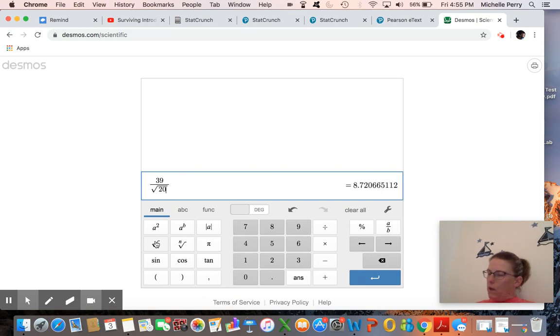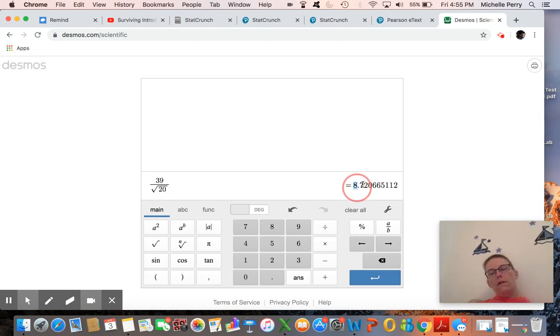And you see you get a value of 8.7206665. Just carry as many decimal places as you can. I wrote it down on my little whiteboard so I can fill it in.